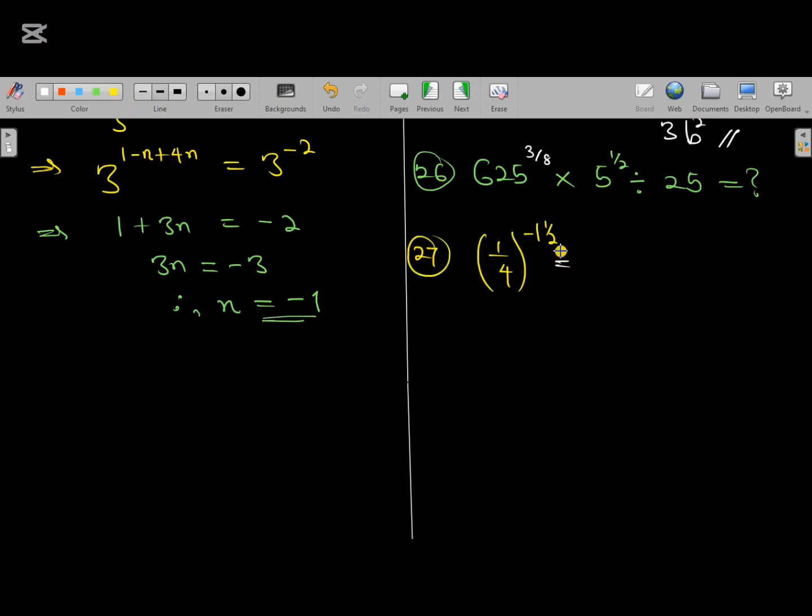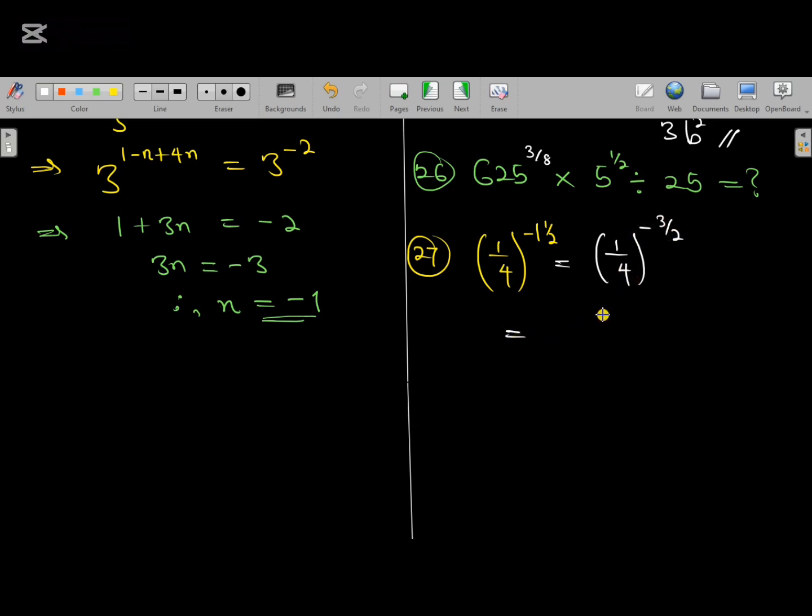Whenever you have a mixed fraction as your power or a decimal, always change it to a normal fraction, whether improper or whatever. So this is going to give us 1 over 4, all raised to the power of minus 3 over 2. Okay, so what can we do with that?